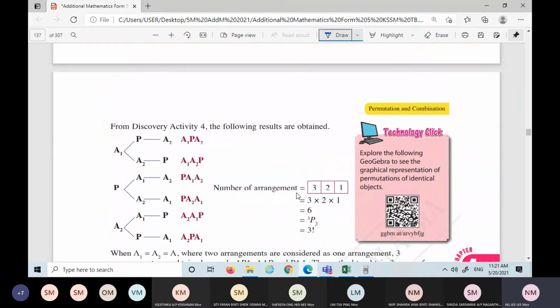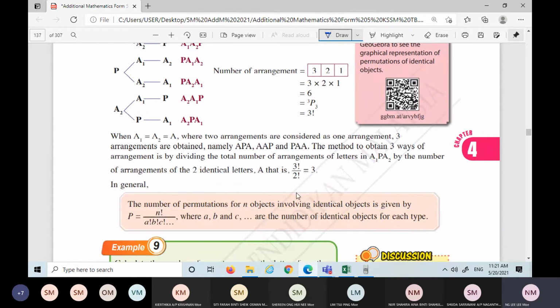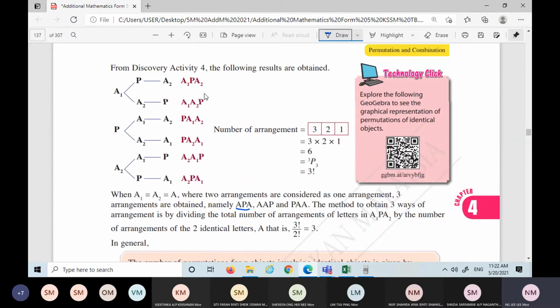The expansion, we will just skip here. The reason is this: if you see here, if they label it as A1, A2, but actually this A1 and A2 are the same thing. You can't differentiate it. Therefore, if you erase the 1 and the 2, you can see this APA and this APA are the same. So this is one method.